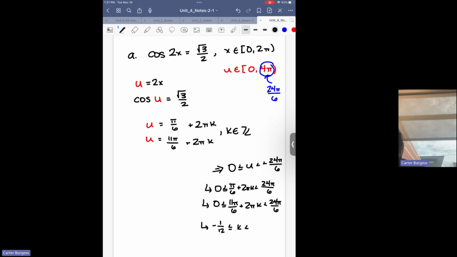And then 24 pi over 6 minus pi over 6 is 23 pi over 6, divided by 2 pi is going to give us 23 over 12. Likewise, subtracting 11 pi over 6 and then dividing by 2 pi, I'm going to get negative 11/12, and you should also get 13/12 on the other side.